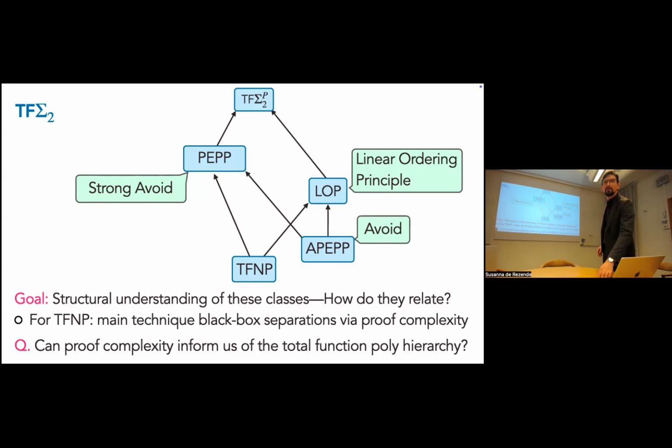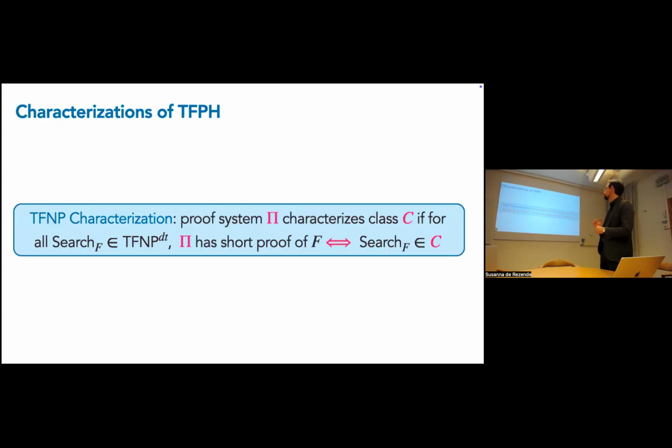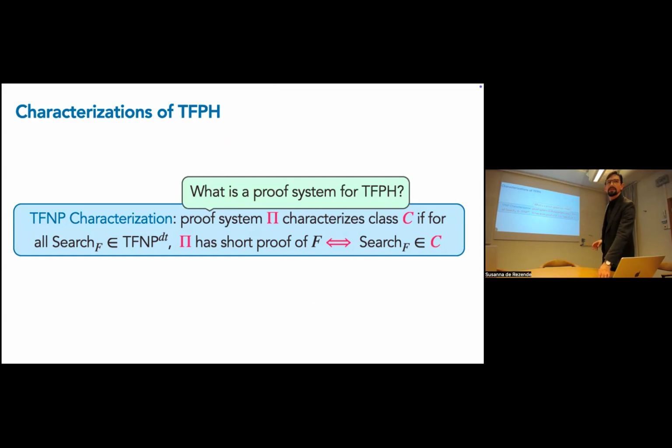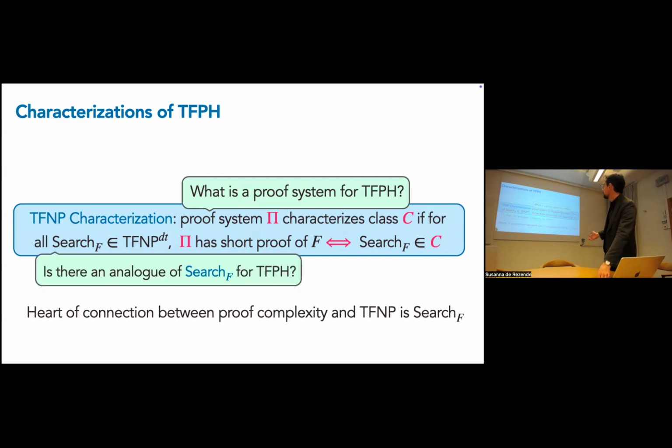So let's try to talk about what this means. It can't be exactly proof complexity because now we're dealing with things in the polynomial hierarchy, but maybe we'll draw some analogies. Our definition of a TFNP characterization was the following. In order to generalize this to TF sigma 2 or other things in the polynomial hierarchy, we need to ask, what's the proof system for the total function polynomial hierarchy?